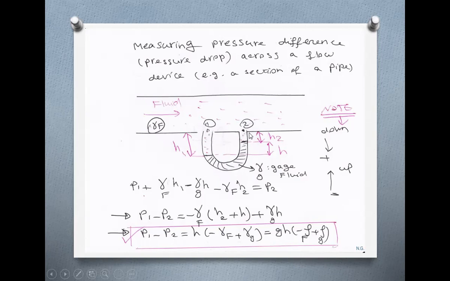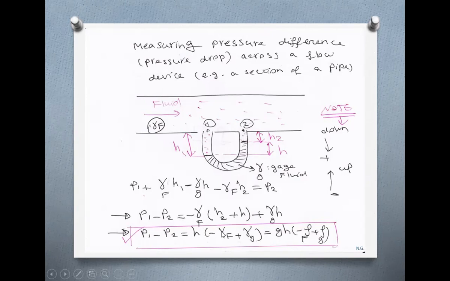So it's P1 minus P2, because we know P1 is higher than P2, because here is the direction of the flowing fluid. So pressure 1 should be larger than 2. And that's going to be, you look at the U-tube, and in one leg, the fluid rises by how much? By H. When you compare these two legs, the fluid rises by H. So it's H, the rising gauge fluid.